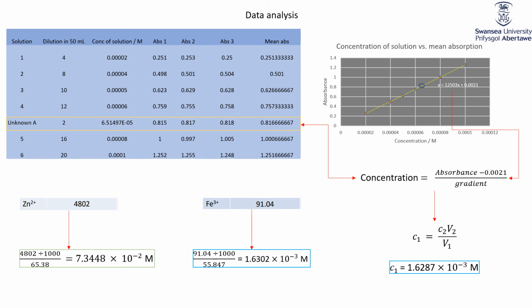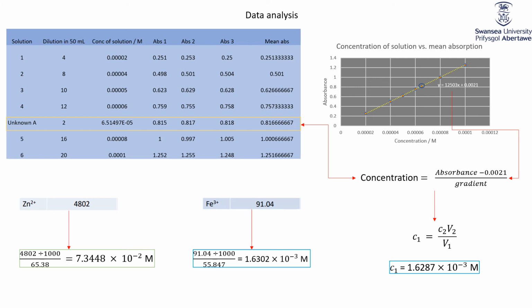And using the ICP method of testing for the same solution, we had a value of 91.04 milligrams per liter or parts per million for our iron 3 plus sample.